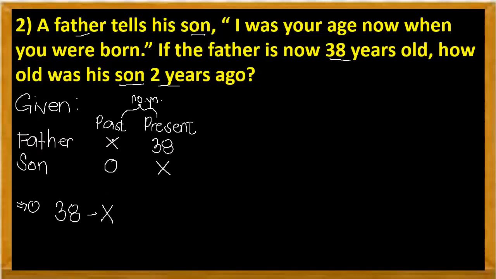So, ilang taon siya that time, o ilang taon siya ngayon, ima-minus natin yung 38 minus x, makuha natin yung ilang taon na dumaan.